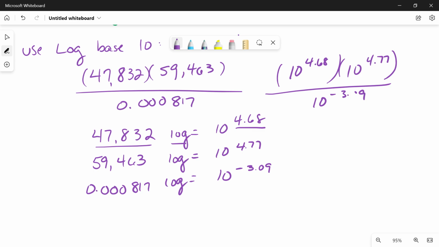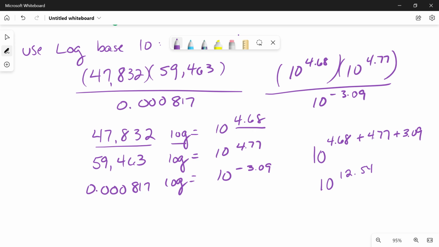So what I'm going to wind up with then is 10 raised to the 4.68 plus 4.77. And then think about this, the 3.09 is a negative down here, so it's going to come up to the top as a positive. So now I'm actually going to just add this 3.09. Then I find that this all equals 10 to the 12.54.